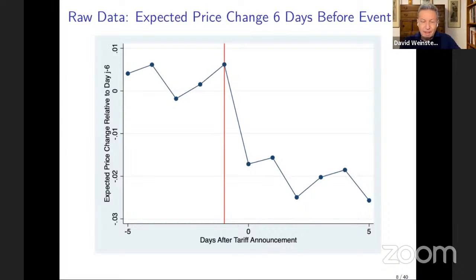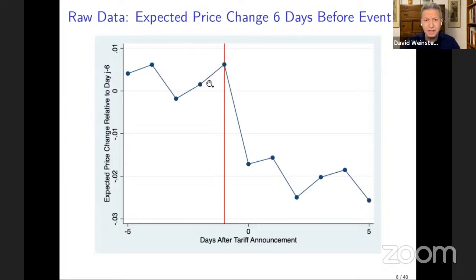Similarly, you can say, well, what happened to the expected price level? So here we're inferring that from the 10-year expected inflation rates that you can get from looking at the difference between inflation-indexed and nominal bonds.